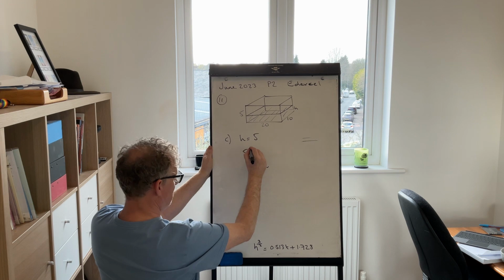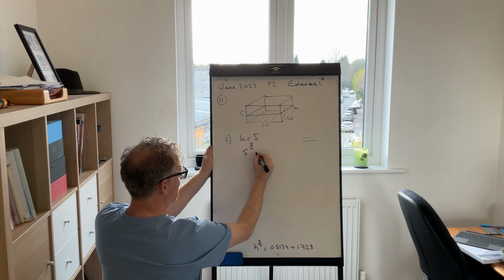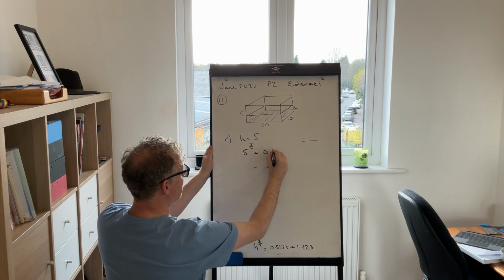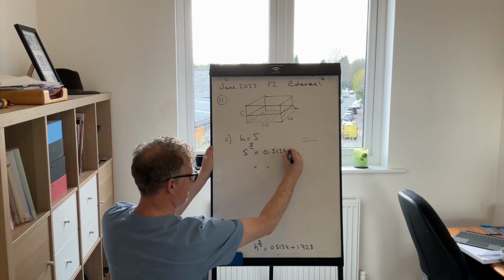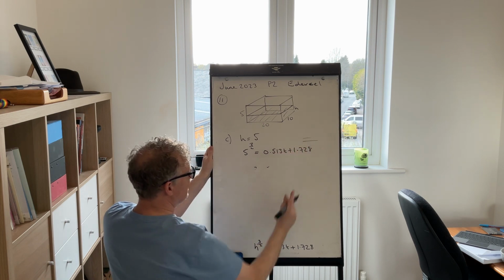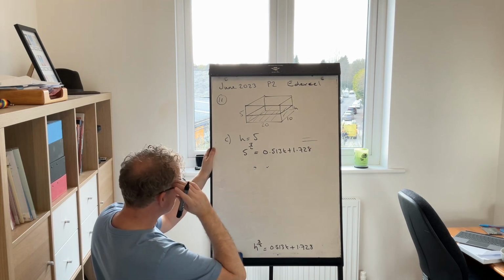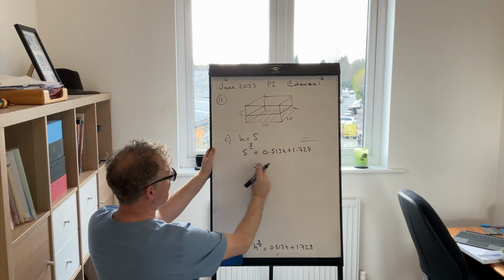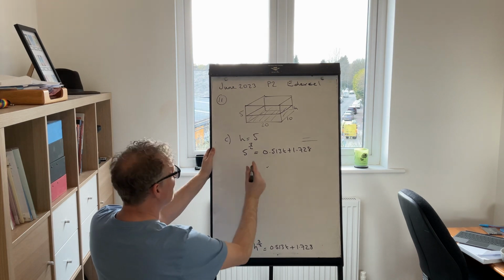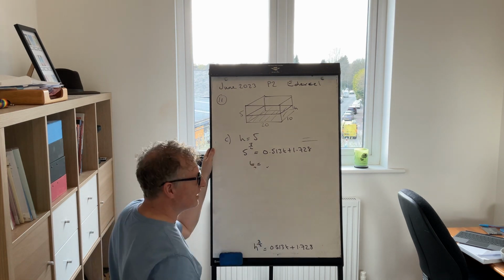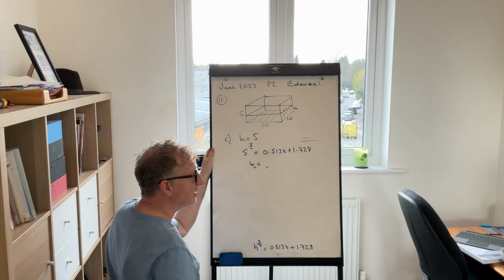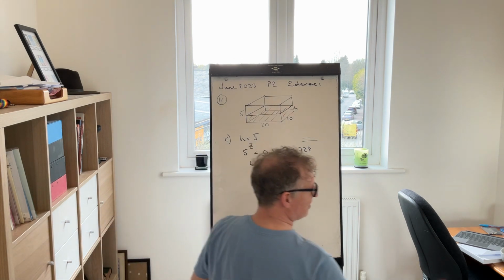So 5 to the power of 3/2 equals 0.513 t plus 1.728. And again, as A-level mathematicians, we can solve this. So in your calculator, take that over there, divide by there. We should be able to do that. And we get our t value.